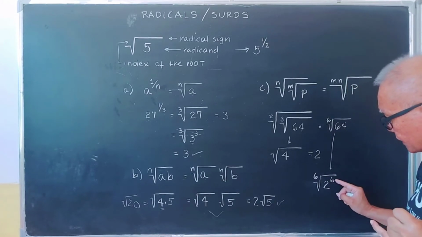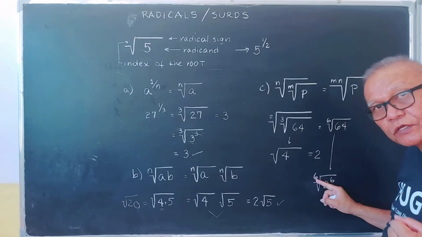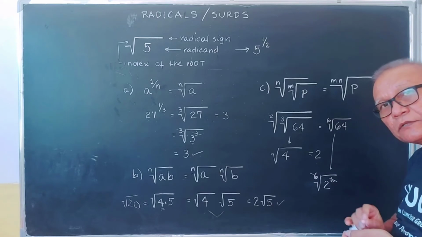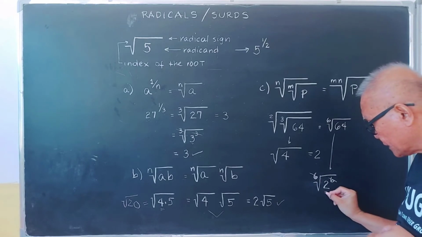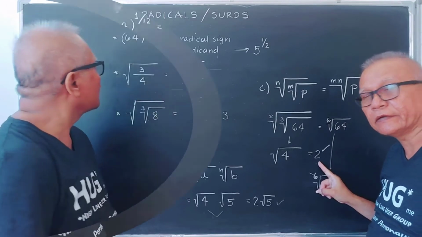So 2 to the 6 is 64. When you have the 6 here, the index of the root, and you have the exponent 6, we can cancel that one, and what remains is this 2 here, which is the same as our answer here.